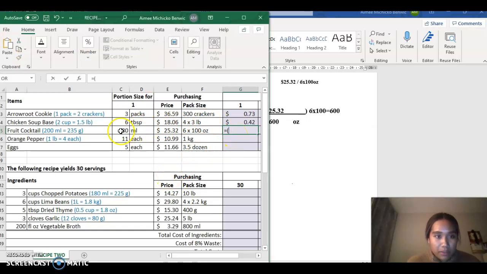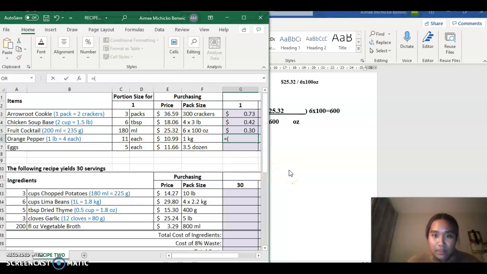Let's pop it in our Excel. So 180 multiplied by 235 divided by 200, divided by 30 grams, close bracket, and then the price of $25.32 divided by 600, close bracket, that gives us 30 cents as well.